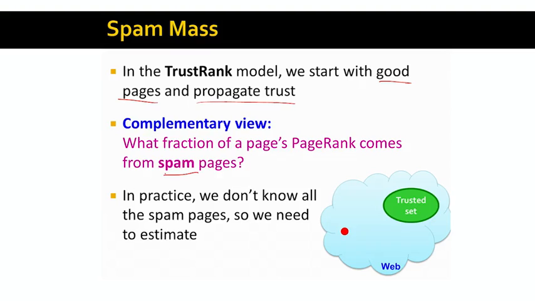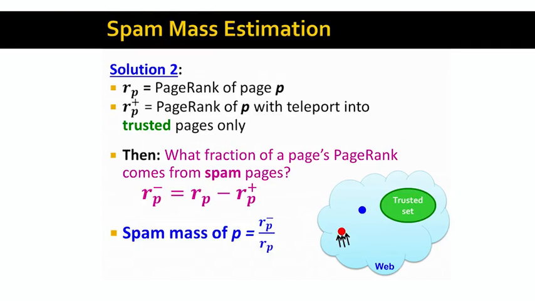So the way we can think about this is the following. We have our web page that we are interested in here as a red circle. We have a trusted set of web pages, and we have the full web. Our goal is to estimate what fraction of the PageRank score of our red node comes from spam pages. So we can proceed as follows.